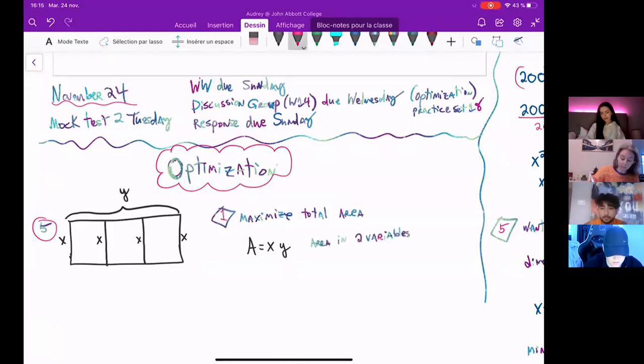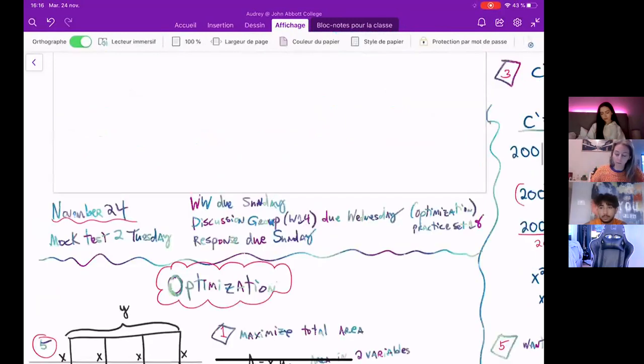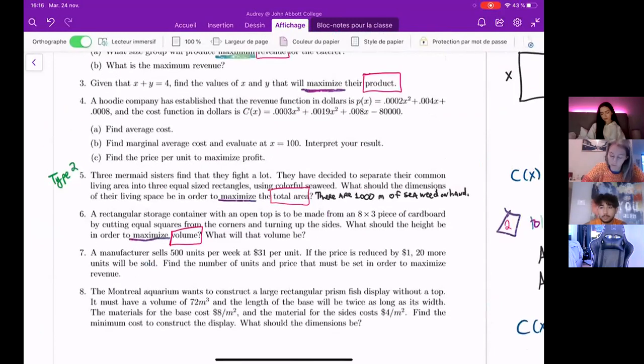Now our second step says that if the function you're trying to optimize is in terms of more than one variable, I want to use the other information from the problem that I haven't used yet to rewrite area in terms of just one variable. So what piece of information from this problem have I not yet used?